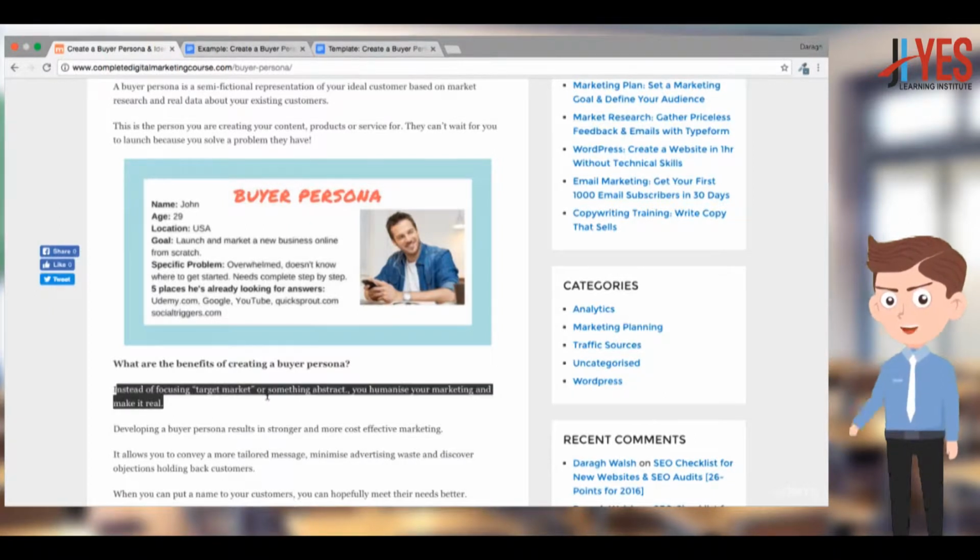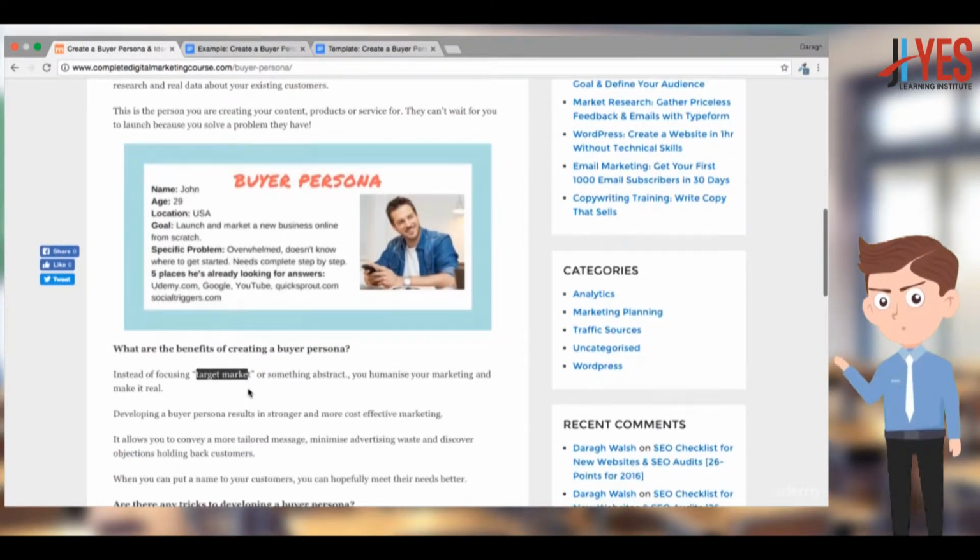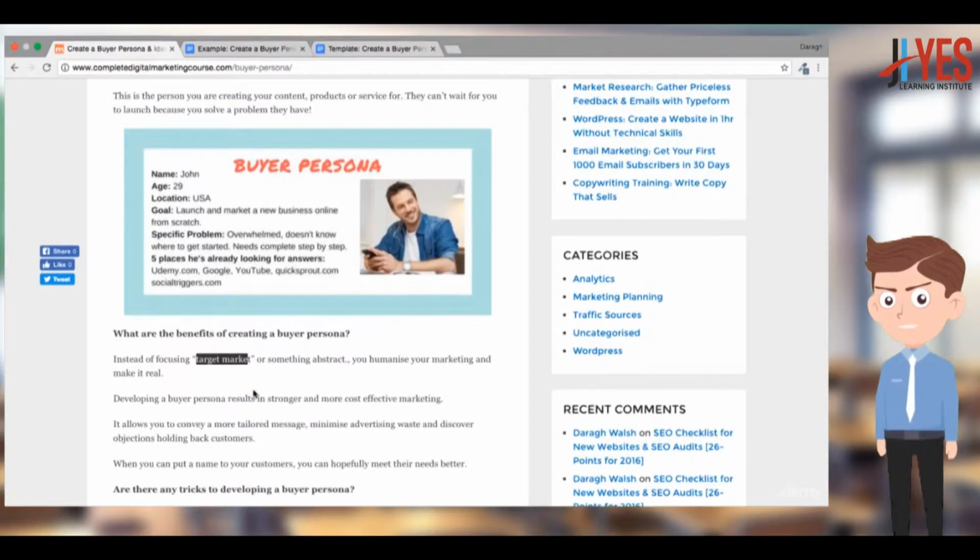Instead of focusing on target market or something like that, it's very hard to actually think about, okay, how can I help meet their needs if you're thinking in terms of target market. So really the buyer persona is just an exercise to really humanize things, to make it real for you, and as a result then you can make better products and have stronger and more cost-effective marketing, because you've got that more tailored message.